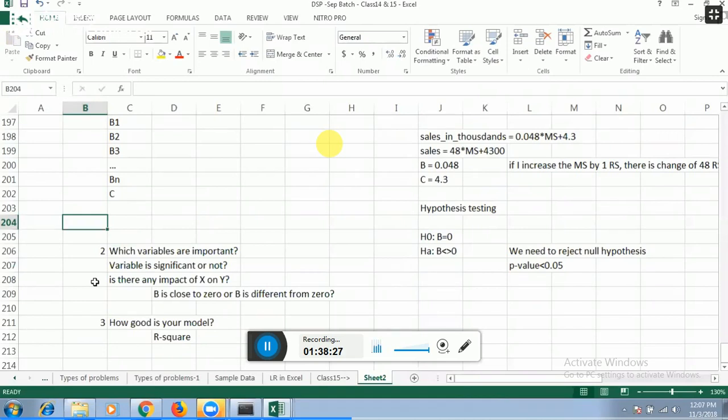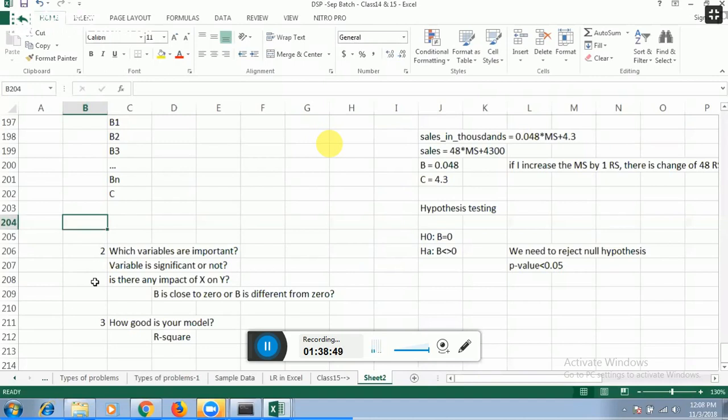Is your x variable improving your y? No. So in that case, can you say that the model is not possible? Because if all the variables are insignificant, that means there is no model, right? So that is what we are going to check.